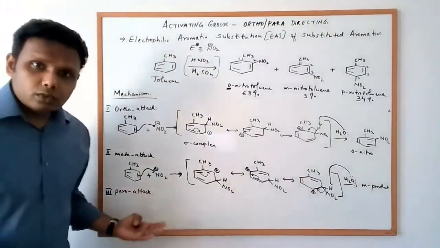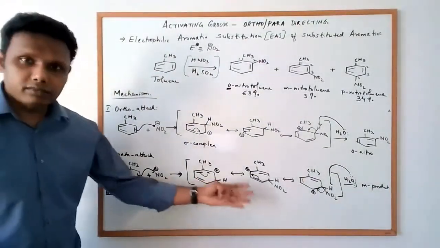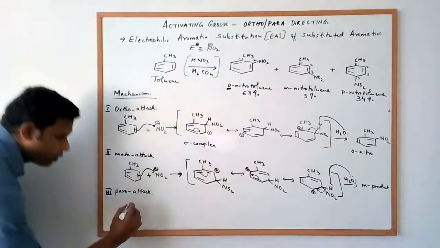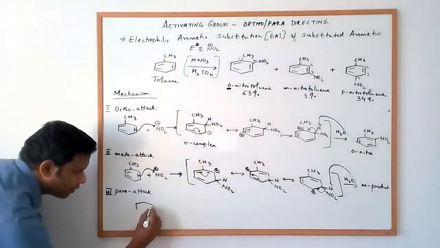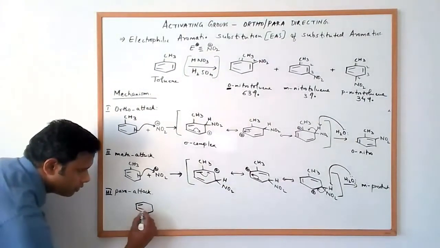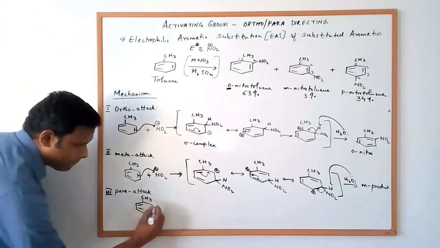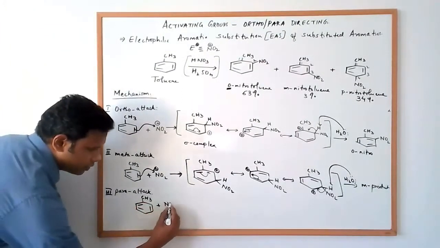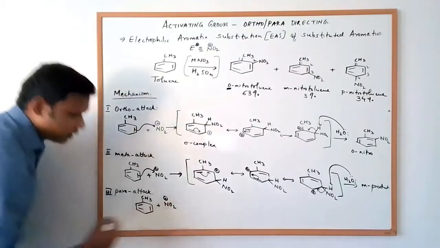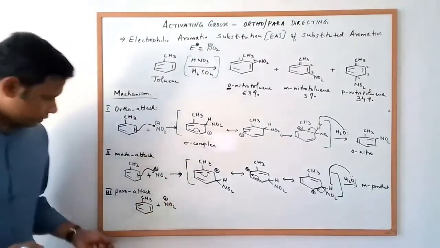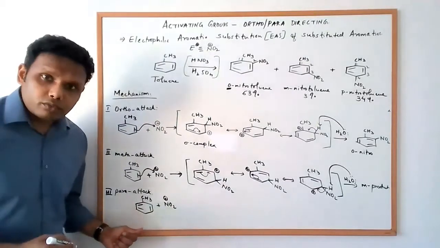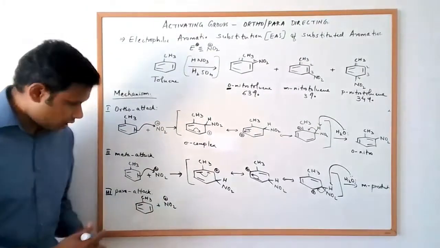And we can do a similar mechanism for the formation of the para product. So for the para product, we start with toluene. We will use the nitronium ion as the electrophile, and we must use a pi bond which involves the para carbon.